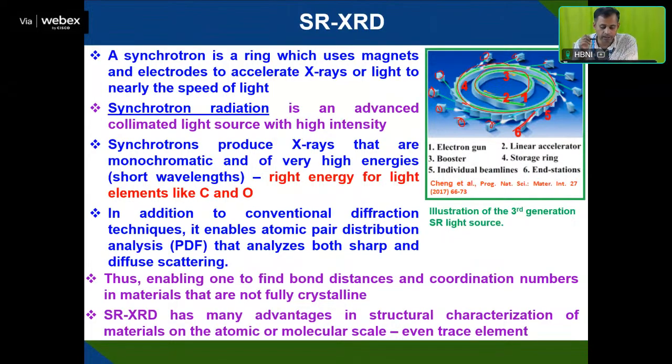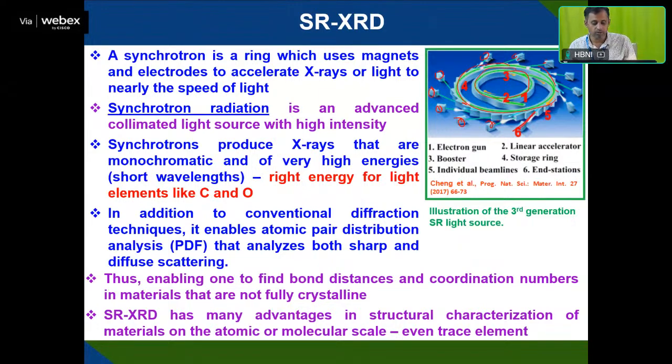So synchrotron XRD produces X-rays that are monochromatic. Like in the earlier conventional case, K alpha 1 and K alpha 2, you have a splitting over there. But here, because it is highly monochromatic, those things can be neglected. It has the right energy for detection, and even carbon and hydrogen can be detected using synchrotron XRD.